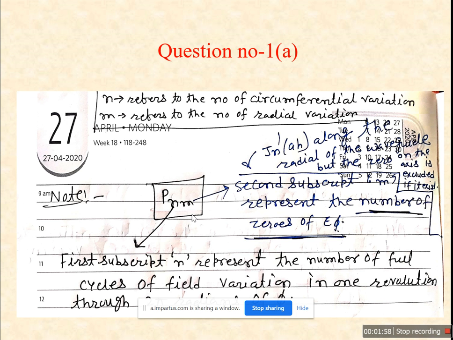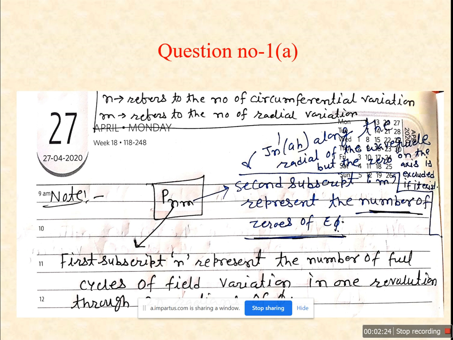In a circular waveguide, if you represent it like TE_NM, N refers to the number of circumferential variations, the complete 2 pi.